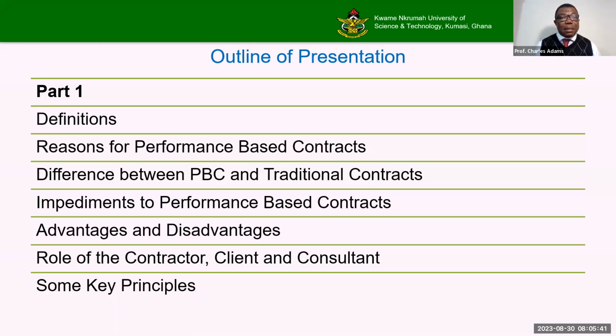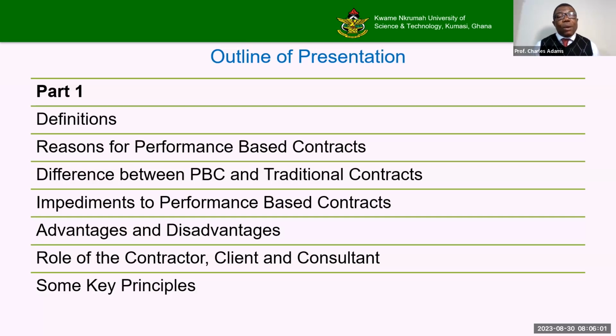Then I will look at why countries don't implement performance-based contracts, what are some of the impediments, and what are some of the fears that make people not want to do that. I'll look at advantages and disadvantages.